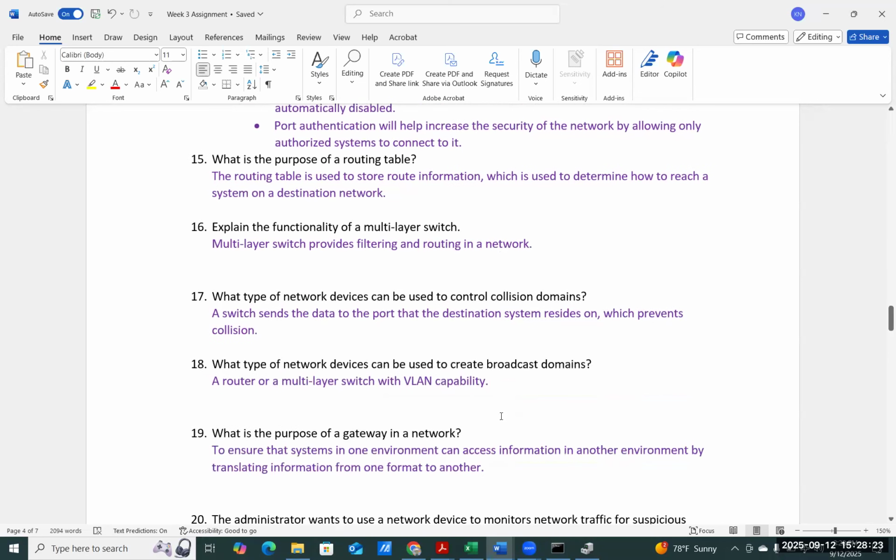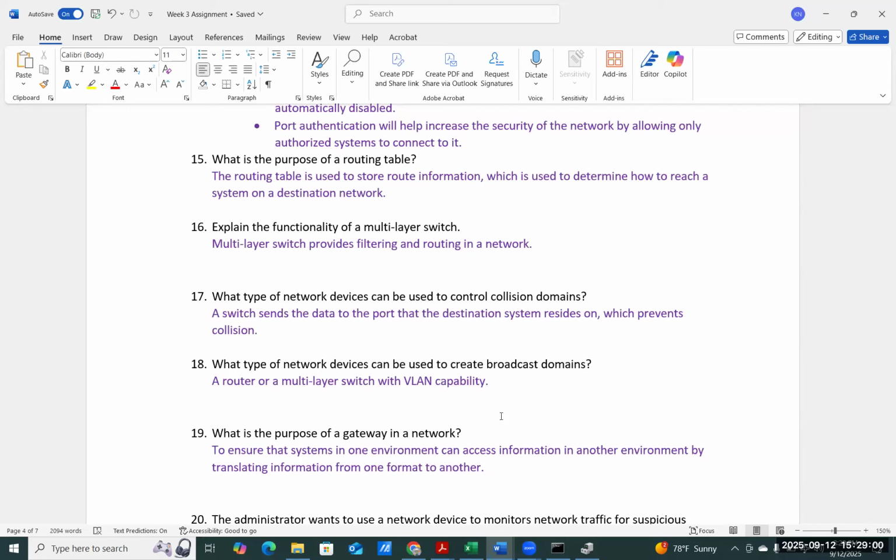Question 17: what type of network devices can be used to control collision in the domain? Your switch, and it would send the data to the port where the destination system resides, which prevents collision. We talked about CSMA before, collision avoidance or collision detection.